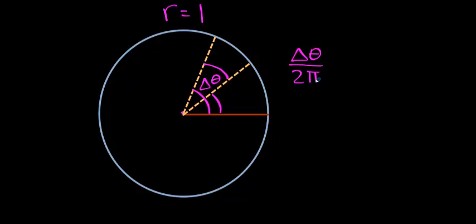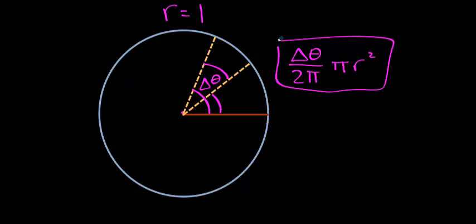Now, the whole area of the circle is 2 pi r, isn't it? I mean pi r squared. I'm sorry, pi r squared. Isn't that the whole area of a circle, pi r squared? So wouldn't this altogether be the area of that wedge, because it's the fraction of it?